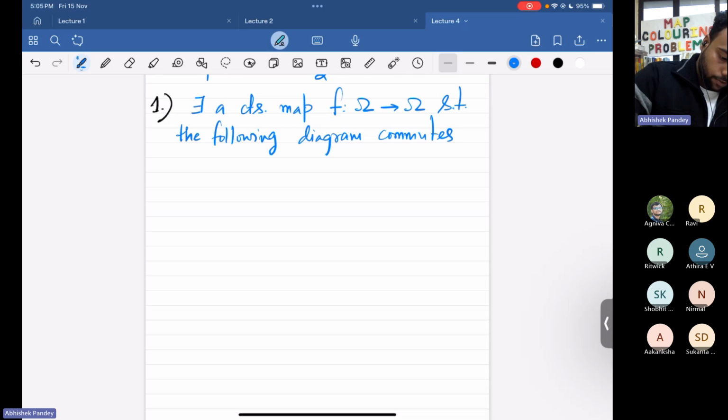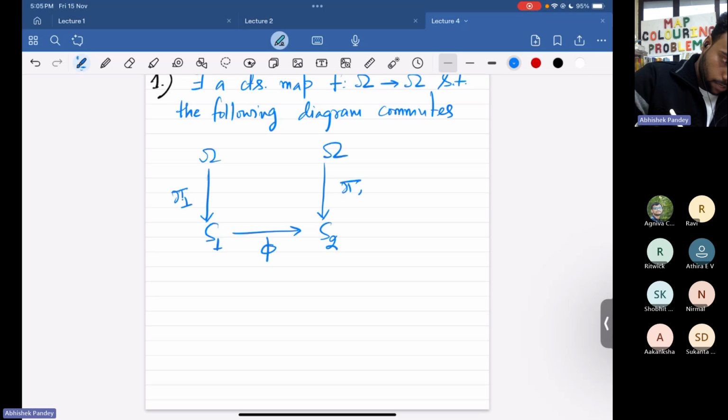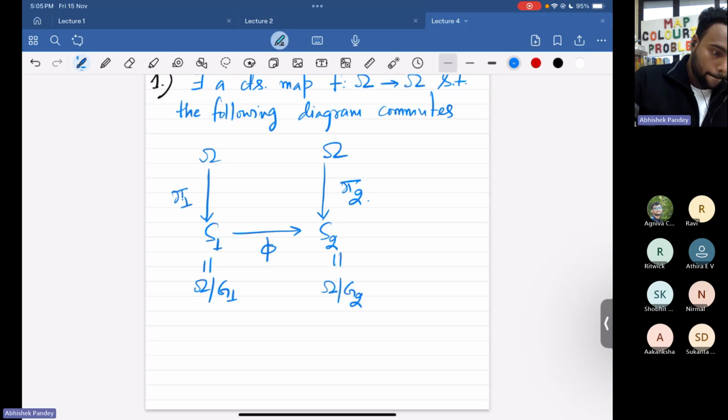Okay, so basically we are in the situation Omega. This is our projection map from Omega to the Riemann surface S1, and again the Riemann surface S2. We have this map phi, and let us say this is pi 2. So S1 is nothing but Omega over G1, and S2 is Omega over G2, for some covering groups G1 and G2.